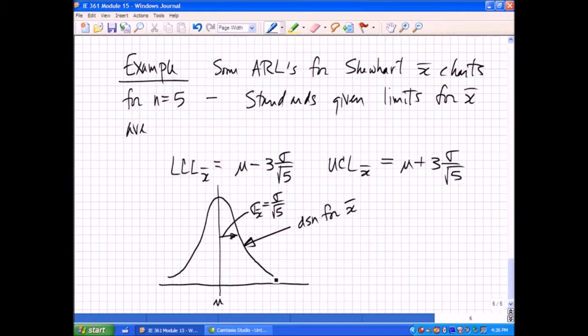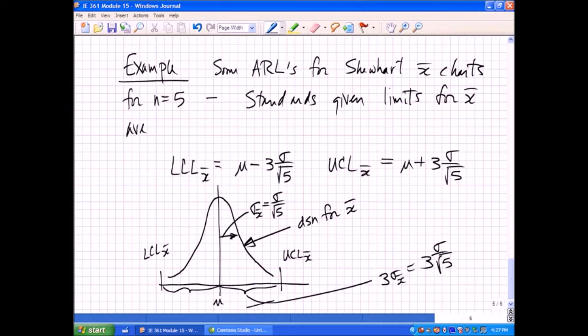And on this picture, there's the lower control limit for X-bar, here's an upper control limit for X-bar, and this distance here is 3 standard deviations for X-bar. This is 3 sigma over the square root of 5. Same thing, both sides.